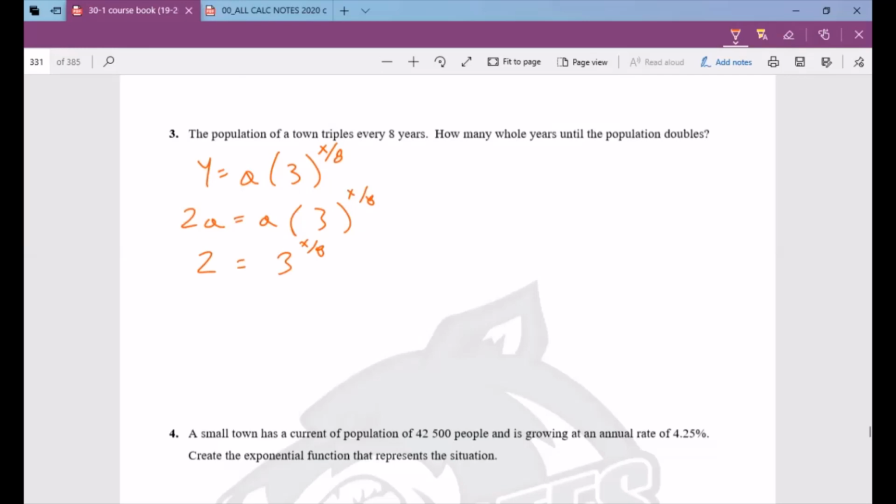We change this into logarithm form, and we have logarithm of 2 base 3 is equal to x over 8.